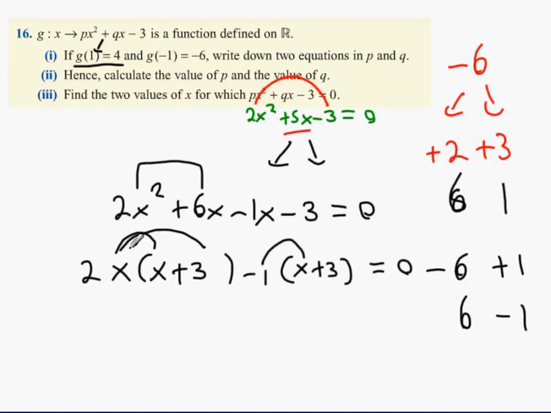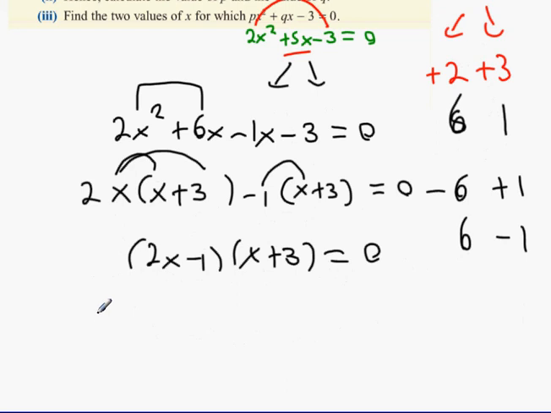Now you can check it out. 2x by x, 2x squared. 2x by 3, 6x. Minus 1 by x, minus 1x, minus 1 by 3, minus 3. 2x minus 1, x plus 3 equals 0. How'd you finish this off, Dennis?